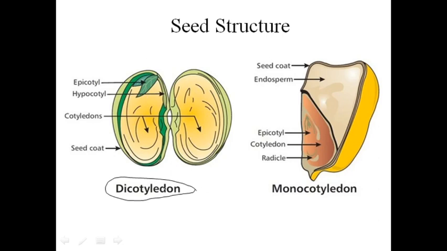Dicotyledons are with two cotyledons, and with epicotyl, hypocotyl, two cotyledons as well as the seed coat, while monocotyledons are with a single cotyledon, and the reserve food material is in the form of endosperm.